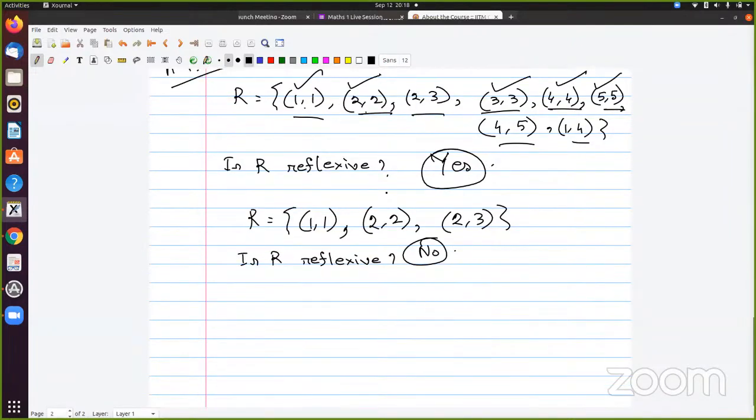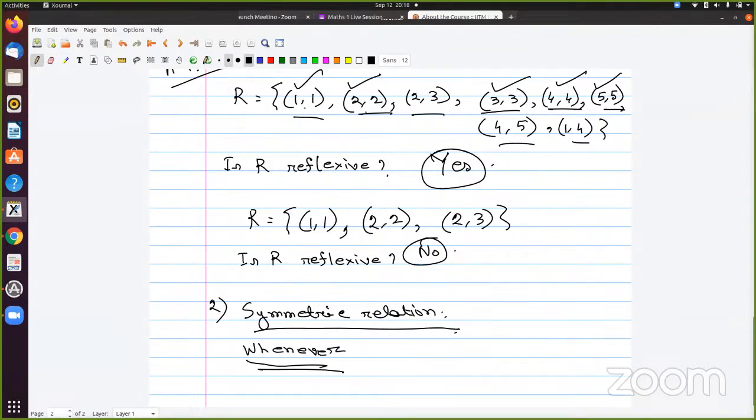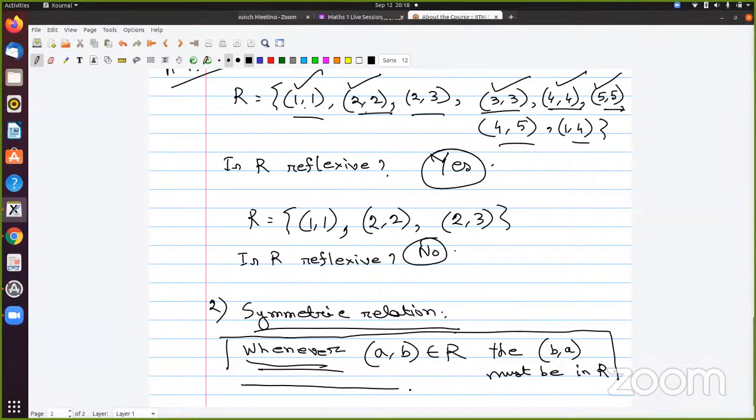Fine. Now the second is symmetric relation. What is symmetric relation? Follow this statement properly: whenever A comma B is in R, then B comma A must be in R. Remember this statement, how I have written it.